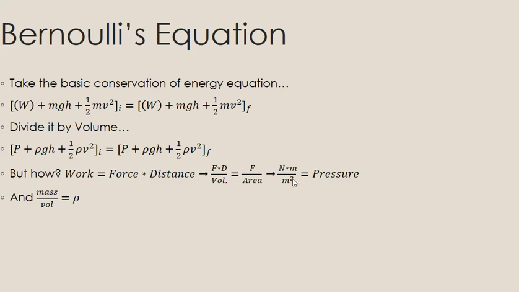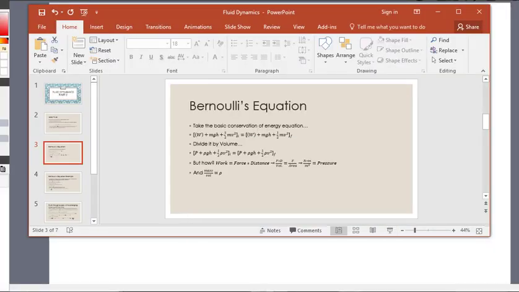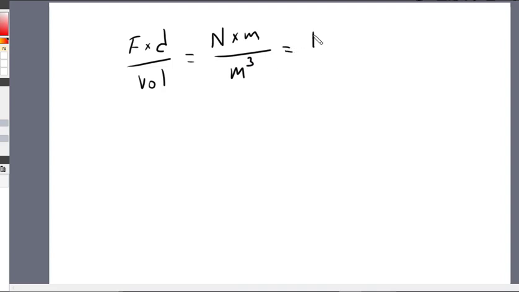When you cancel these out, force times distance divided by volume in terms of units is newtons times meters divided by cubic meters. It turns into newtons per square meter, which is force per unit area, which is pressure.